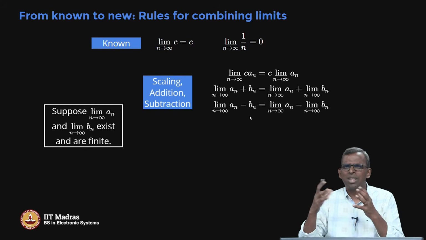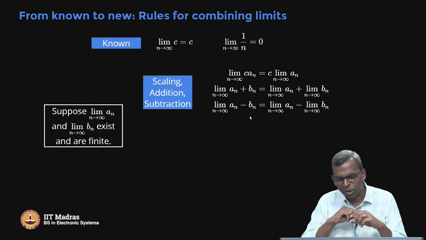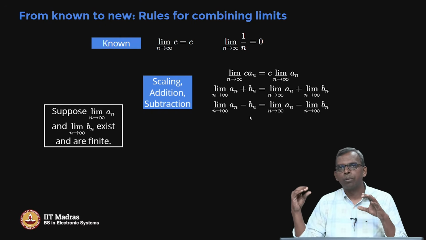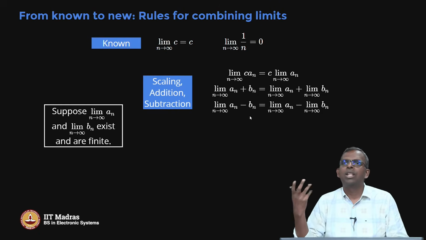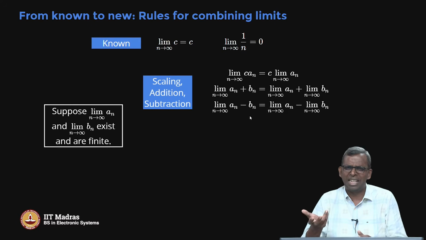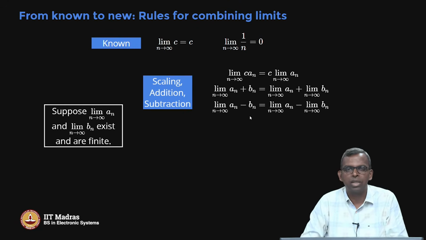It should just work. I've not drawn that slide for you. You can draw it for yourself. Even if you add the sequences, because each of the sequences is going around a particular finite value, whether you add them, subtract them or scale them, the limits should also correspondingly change. That's an easy enough thing to see. I'm not writing down or proving it. Imagine this graphically and you'll see what's happening.